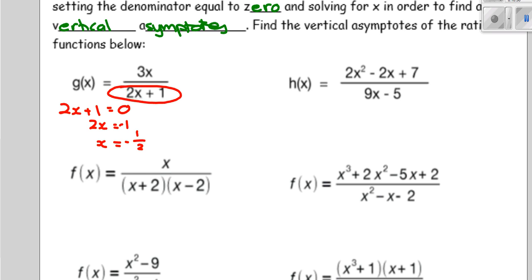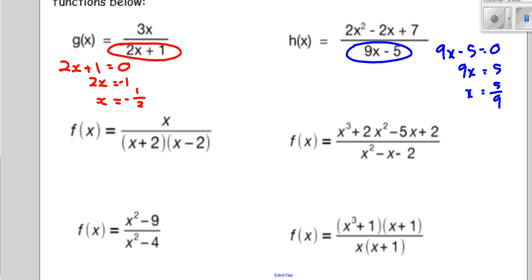So another linear. How many asymptotes will we get for this one?